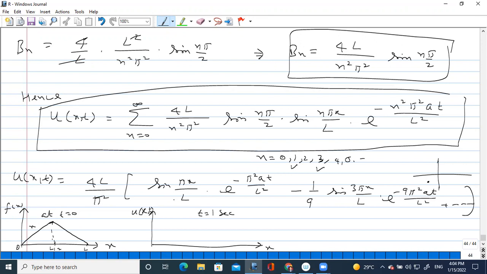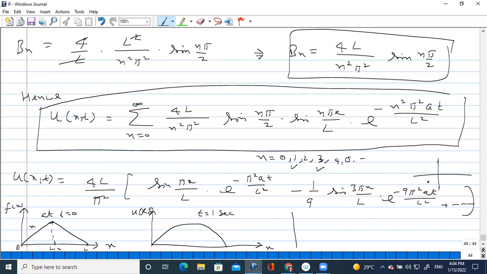So it will go as per the sine graph. So this graph will be like this, a sine graph, at t equal to 1 second. If I am increasing the t value, then it is exponentially decaying. So that will mix with this sine term and it will reduce.